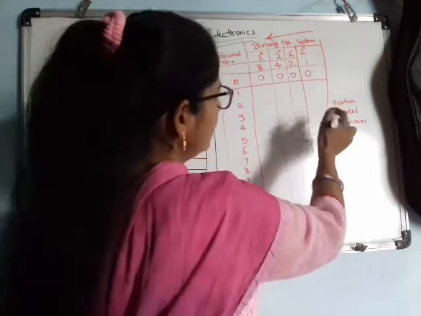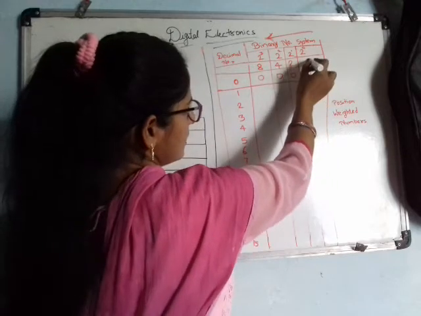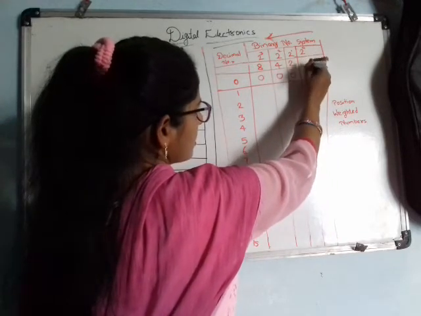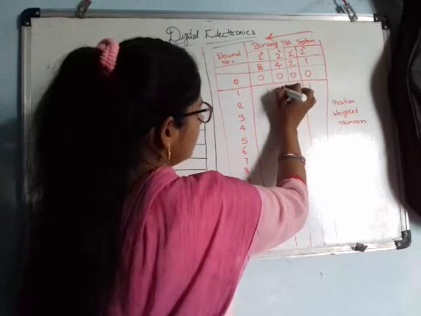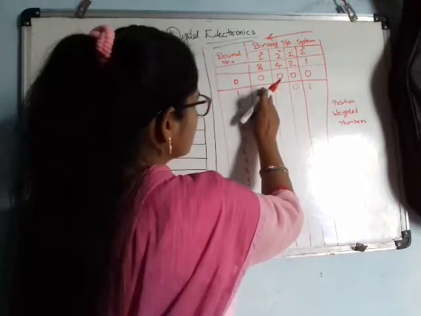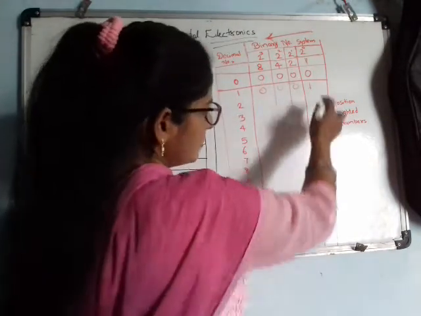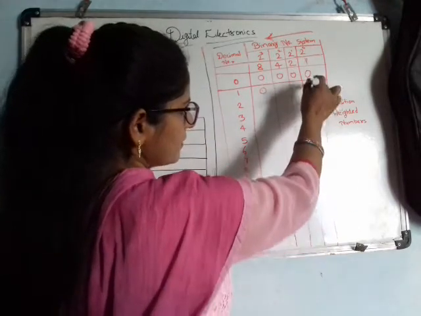At the bottom of the 1, write down 1, and the rest 0.